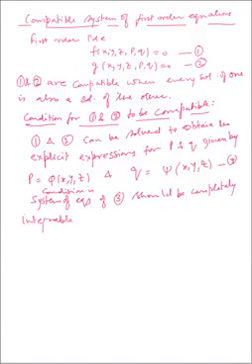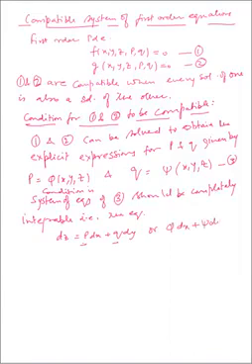That is, the equation dz is equal to p dx plus q dy, or putting the values of p and q, phi dx plus psi dy, which we call equation 4, should be integrable.